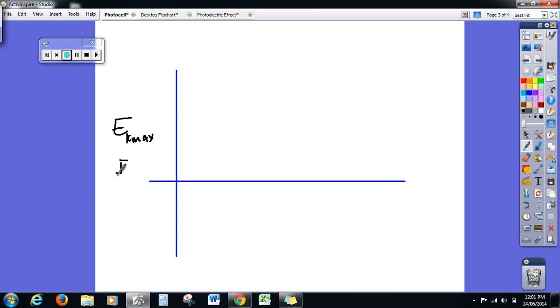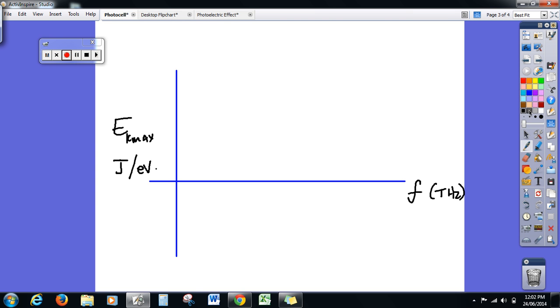It can be measured in joules or it can be measured in electron volts. It's important that we understand which one we're using because in a few more moments we'll see the gradient will be slightly different. The horizontal axis is the frequency. In this case, it's mostly measured in terahertz because of the high values of that.